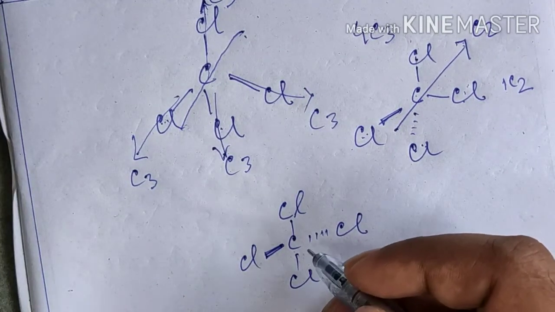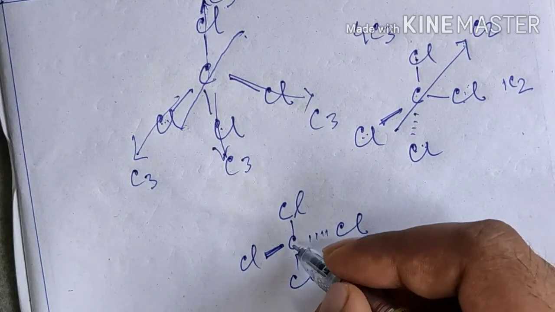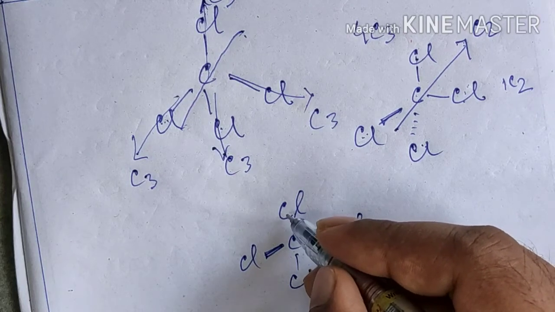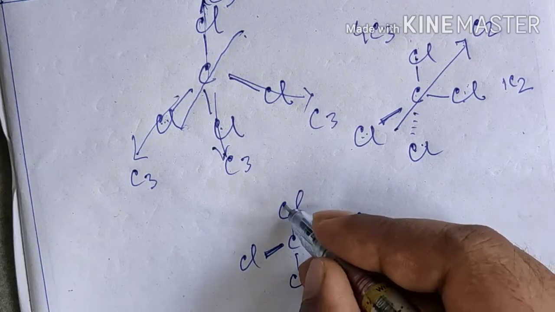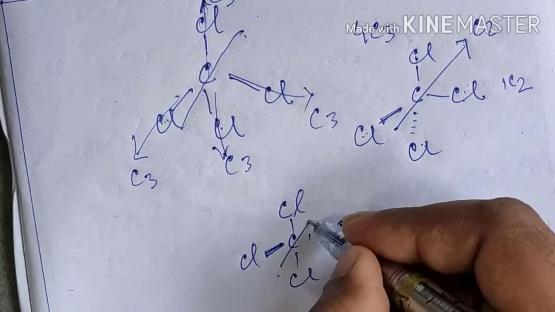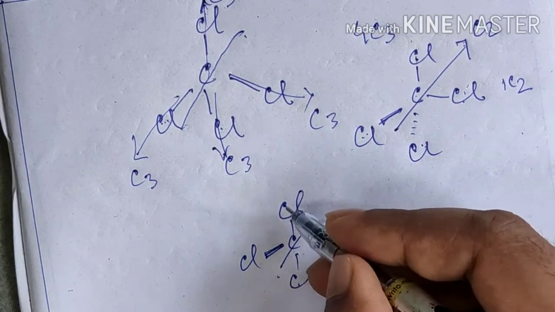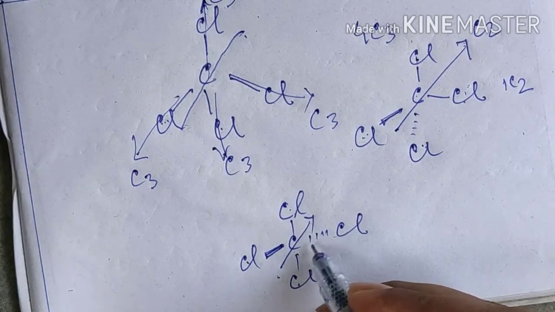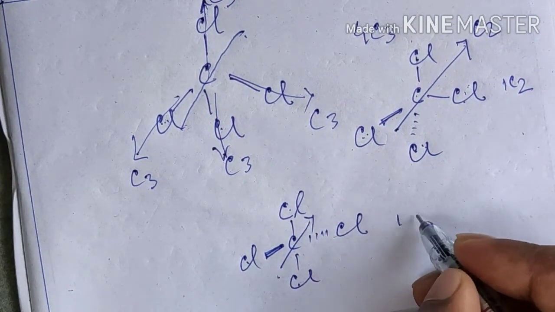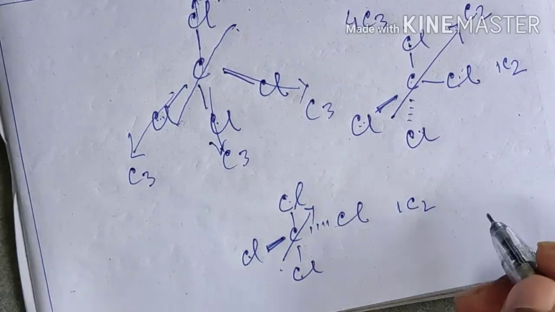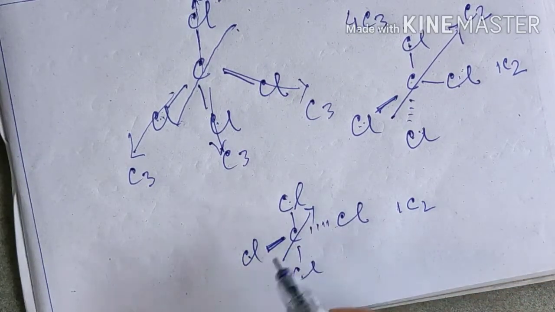In that case there will similarly be one C2 axis, and that will pass along the middle of this Cl-C-Cl angle, and if we apply the C2 operation, this chlorine atom will go here, this will come here, and these 2 chlorine atoms will change their position. That is another C2, and similarly there will be another C2 axis.